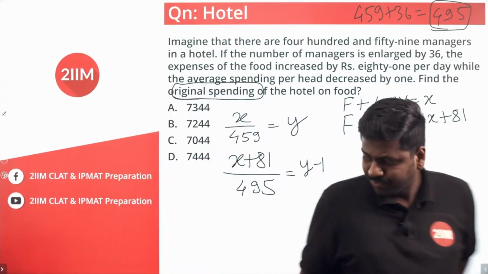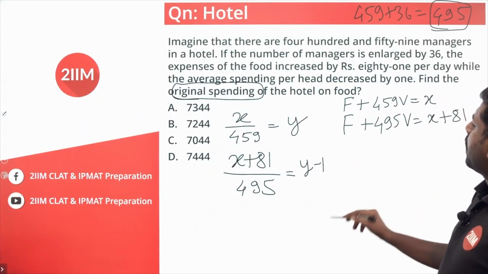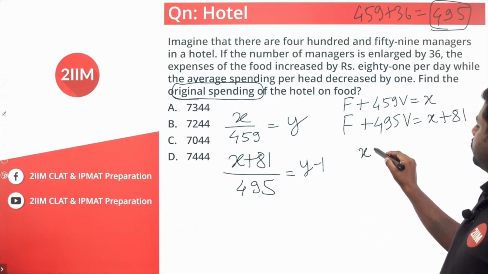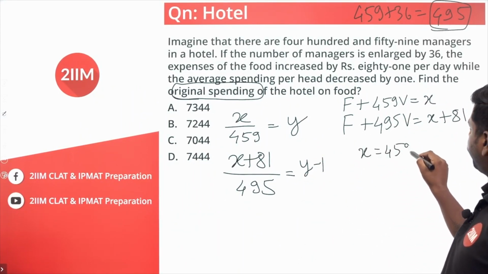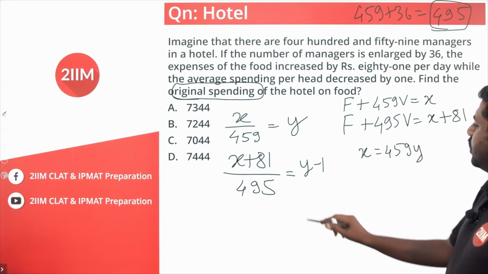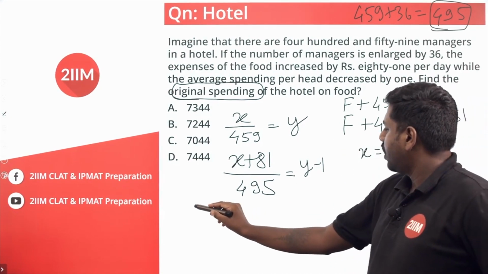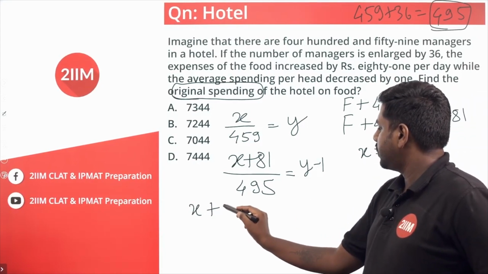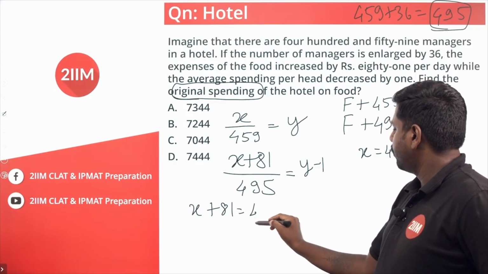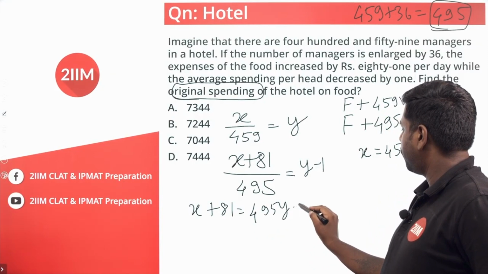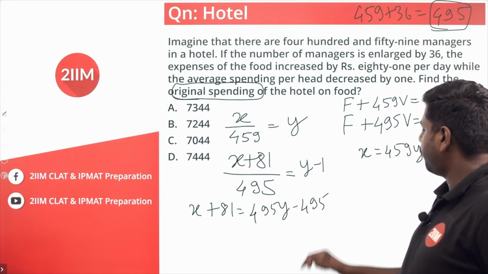Okay, let us look at this. x is 459y. This is one equation. And x plus 81 is equal to 495y minus 495.